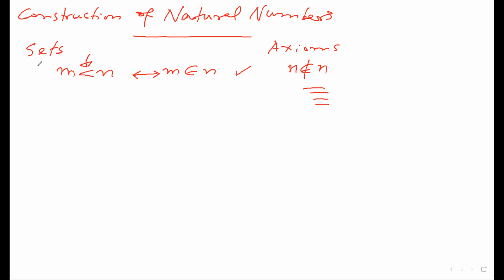In a new branch, I will call it definition 1. This makes sense in set theory, doesn't it? So if we are going to let a set represent a natural number, we will say that if m is contained in n, then m is less than n. It is kind of intuitive. So that is a principle that we are going to be using.